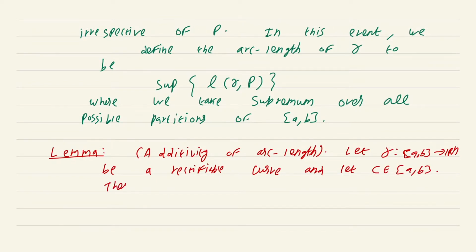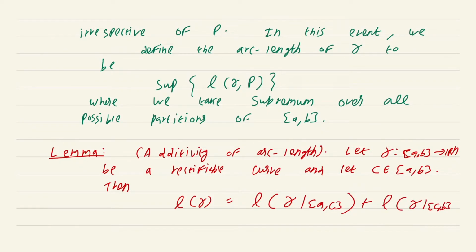Then length of gamma is nothing but length of gamma restricted to [A, C] plus length of gamma restricted to [C, B]. That is, if you break a curve into two pieces and take the sum of the arc lengths, you get the arc length of the whole curve. Of course, this is obviously true by induction even for finitely many curves.